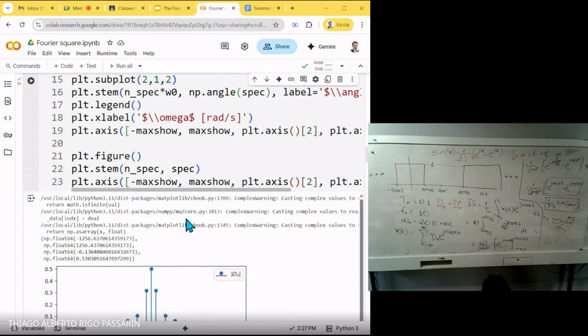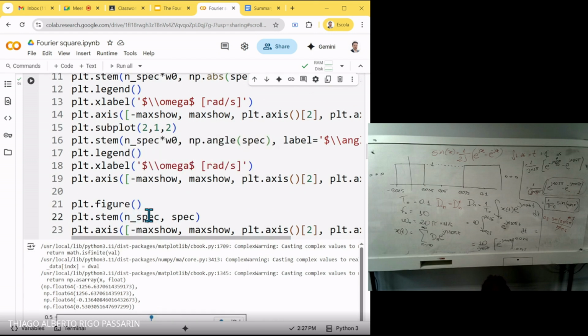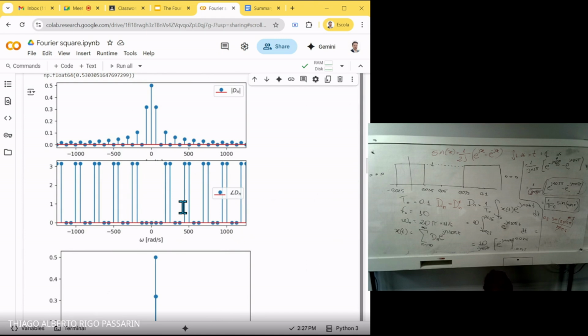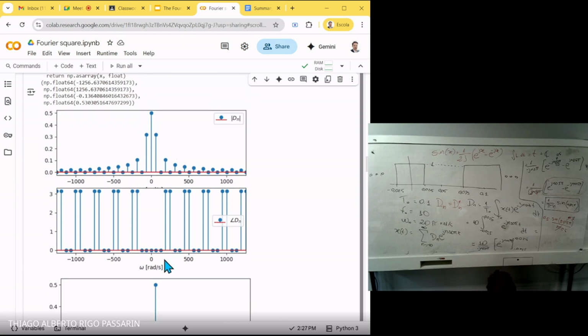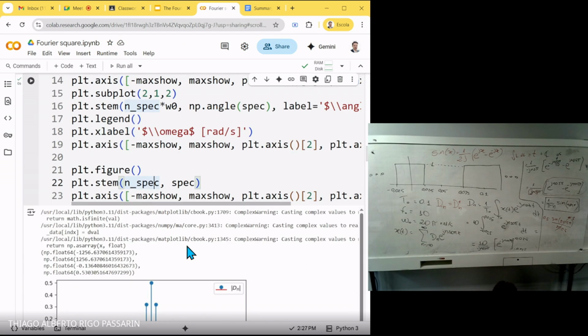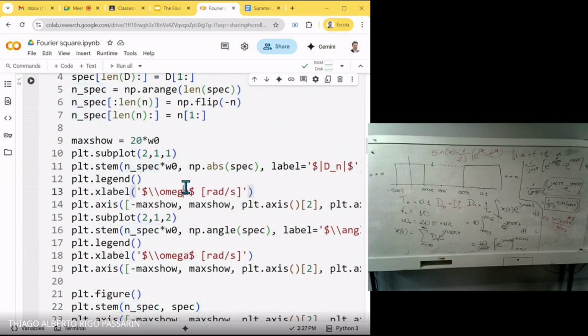We can also multiply this by 2 pi, and we will have the frequency in hertz. Sorry, not multiply. Divide. I can divide this by 2 pi and have the frequency in hertz. Let's do this. Omega 0 divided by 2 times np dot pi here, here.